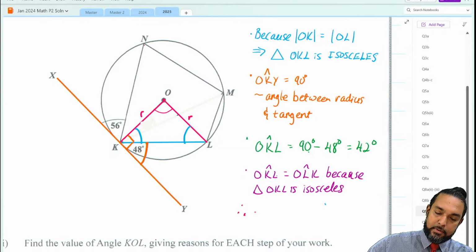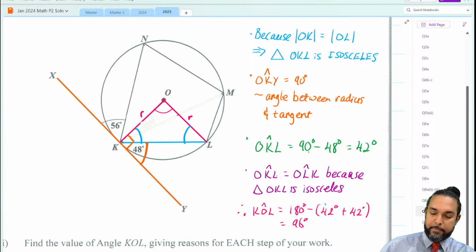Therefore, angle KOL will be equal to 180 minus 42 plus 42. That's 84, which makes the angle at center 96 degrees.